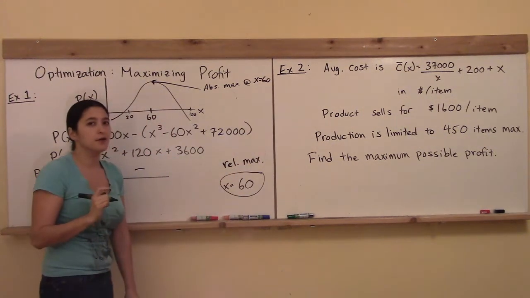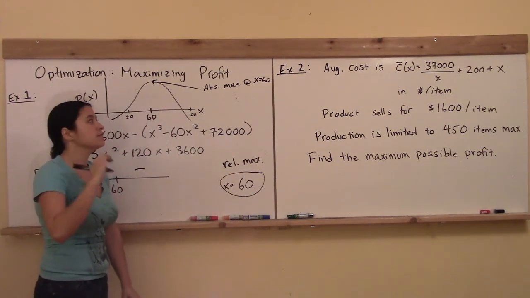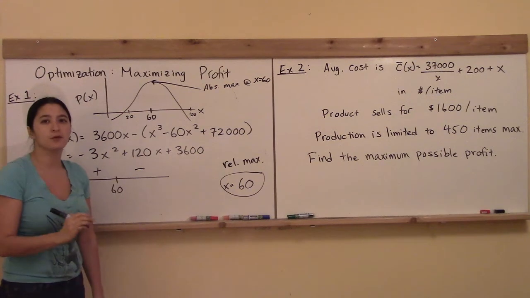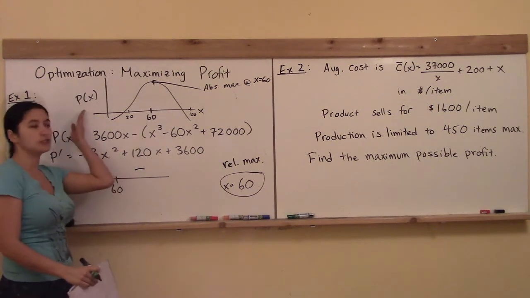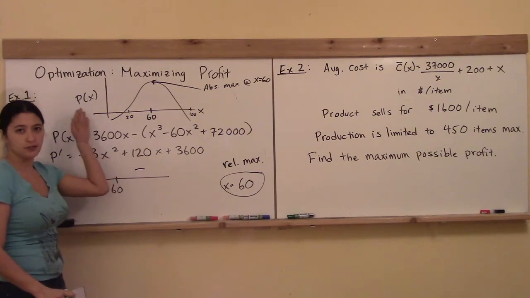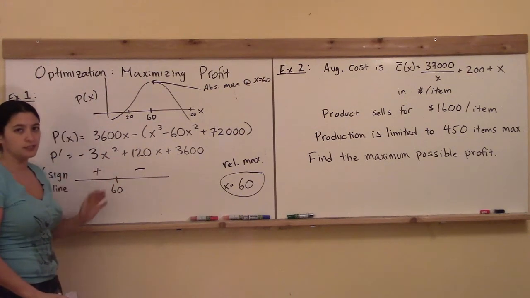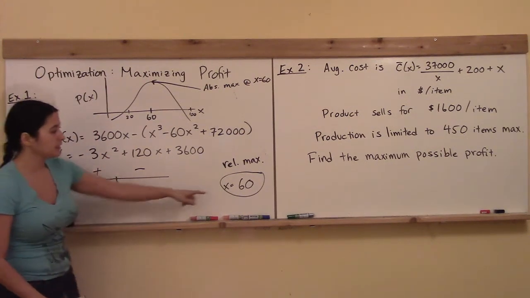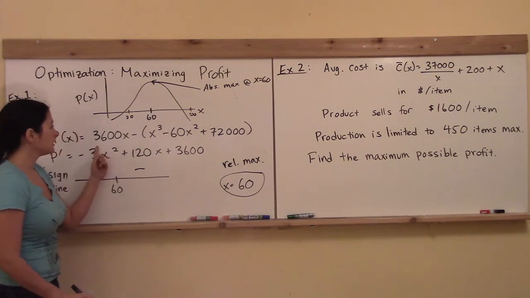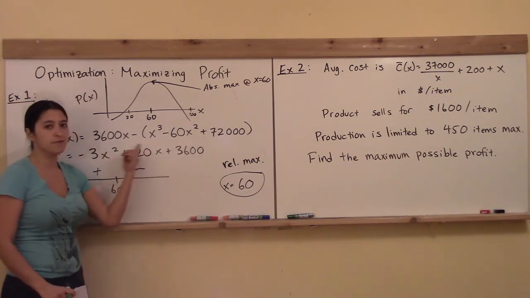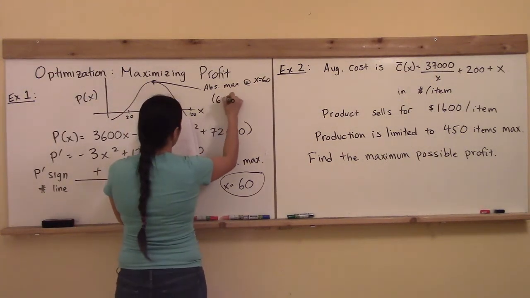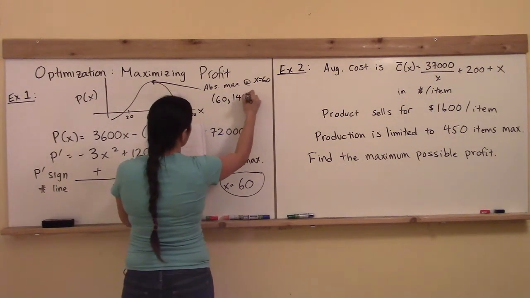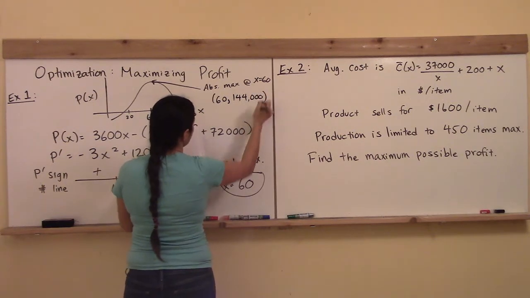But if you remember, the original question was, find the maximum possible profit. And profit is in units of dollars and it's a Y value. So the final step to answer the question that I was posed is going to be to take x equals 60, plug it into the original profit function, and then you're going to get as an xy point 60, $144,000.